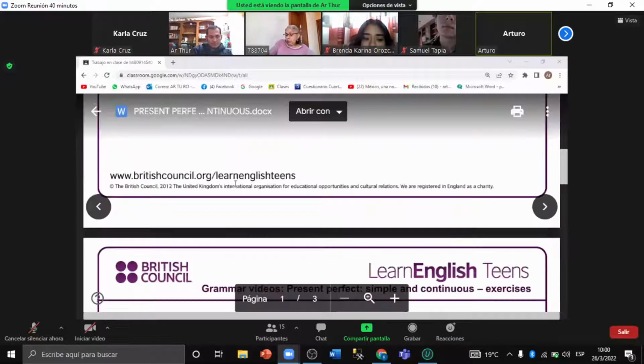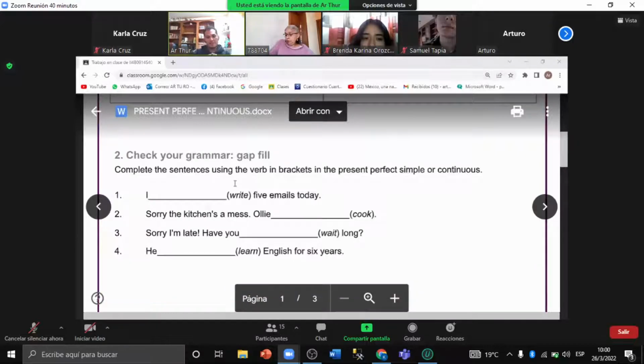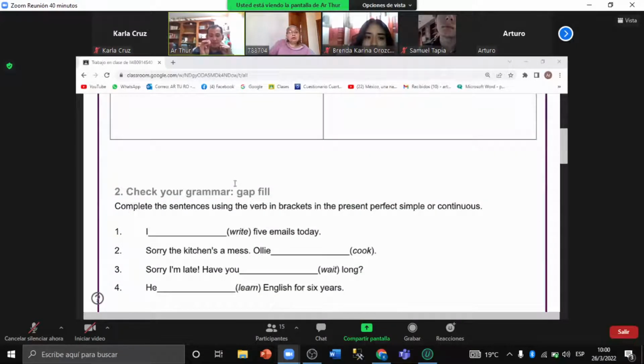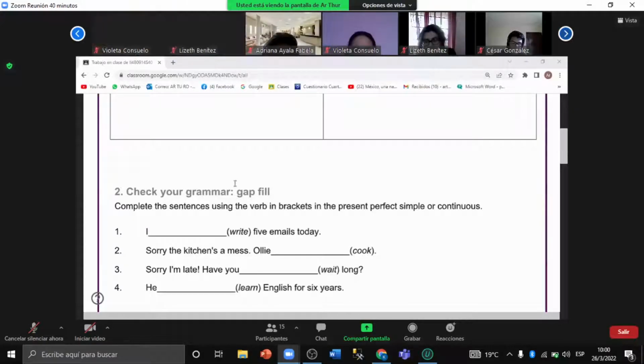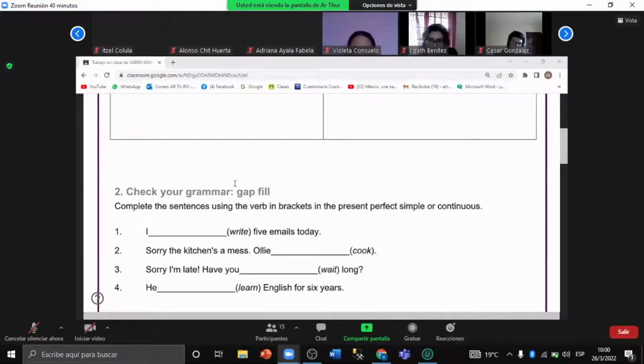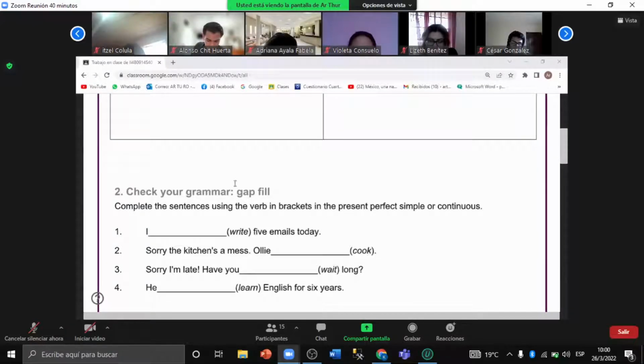Okay, number 2, question with this. Remember, these are the usages. It's important to recognize the usage for the present perfect, or not only for present perfect, but the rest of the times, past, future. Okay.